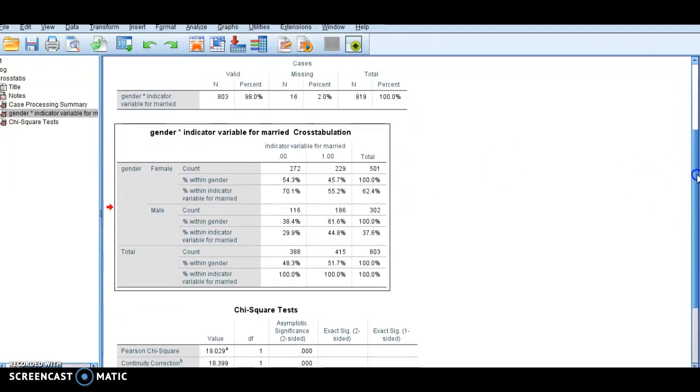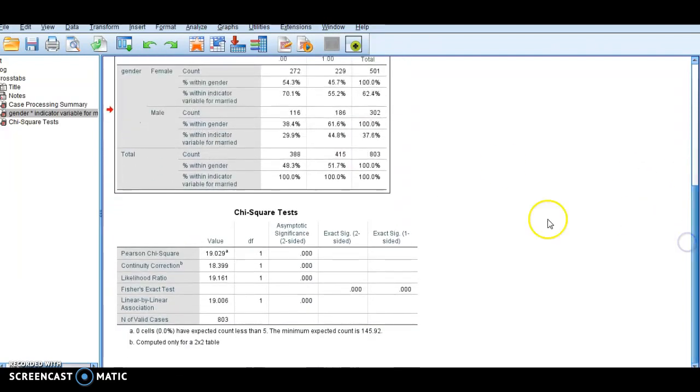I sort of glossed over it quickly, but in this chi-square test table, we don't have this error message or this warning on the bottom. Or I should say, for this table, there are no expected cell counts that are less than 5. So it says 0 cells. This table has 4 cells, one for each combination of gender and marital status.